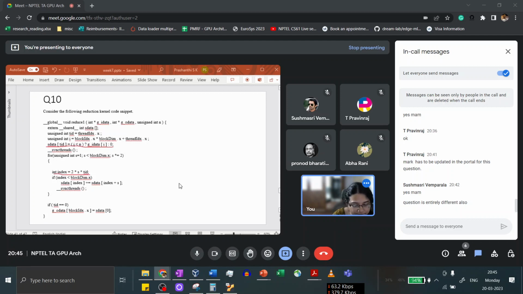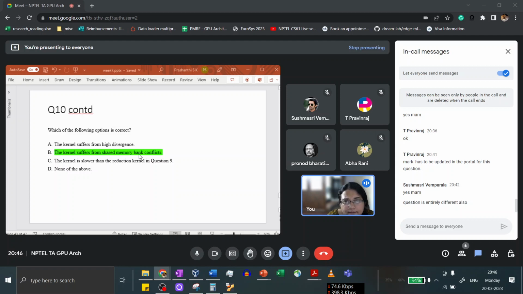So this is the kernel. Any answers? Okay, let's take a look if you're not sure.